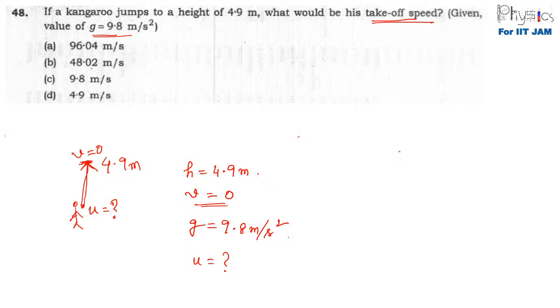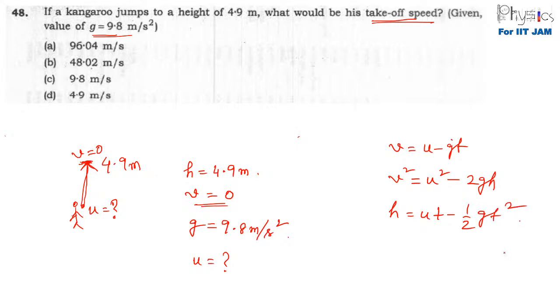So the equations become v equal u minus gt, v square equal u square minus 2gh, h equal ut minus half gt square.